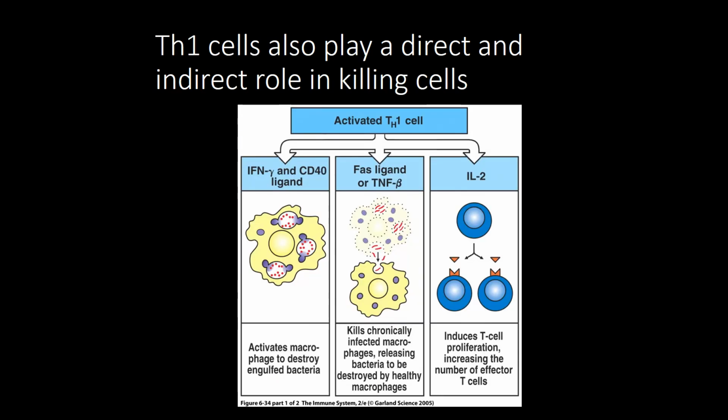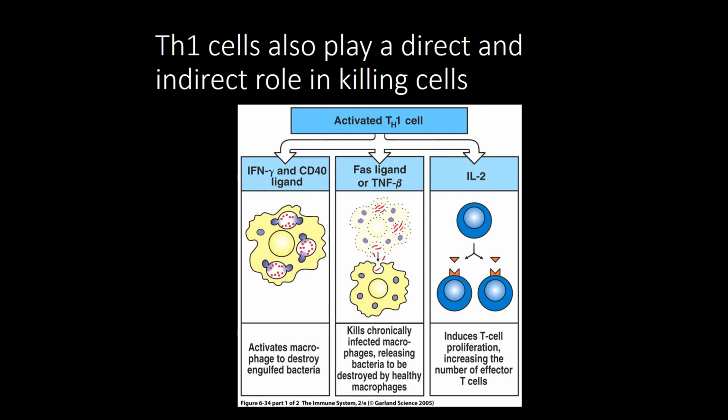Now, another cell that can help stimulate killing is the Th1 cell. Activated Th1 cells can produce interferon gamma and CD40 ligand and help activate macrophages. We've talked about that already. They can also produce interleukin 2, which induces T cell proliferation, so you get more effector T cells.